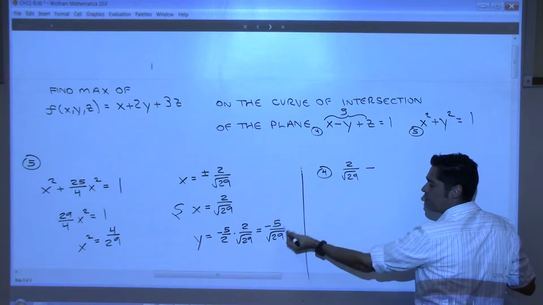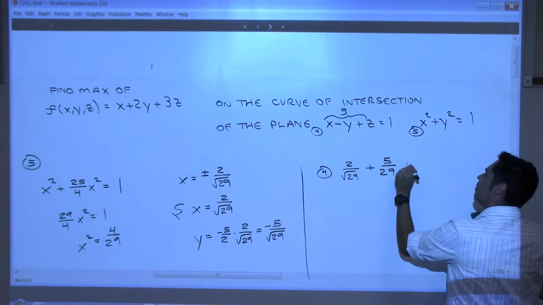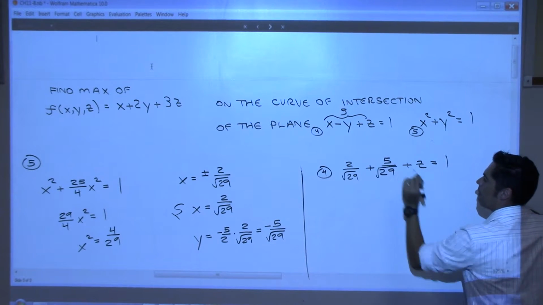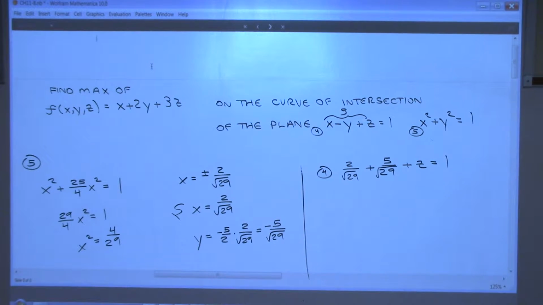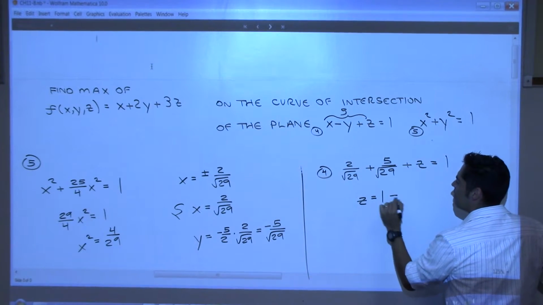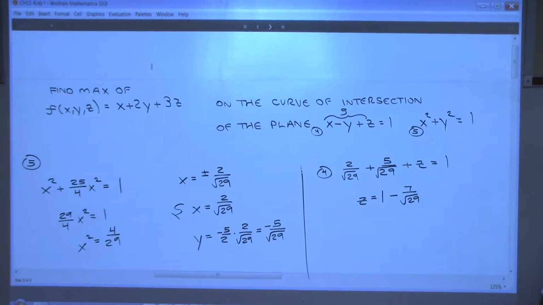So won't that be plus 5 over root 29 plus z equals 1, root 29. So z looks like it's going to turn out to be 1 minus 7 over root 29. And you could get a common denominator, but I'm just going to leave it like that. That's z.